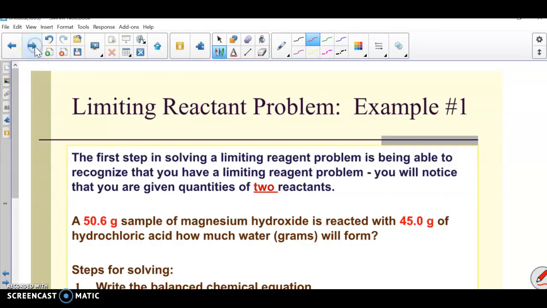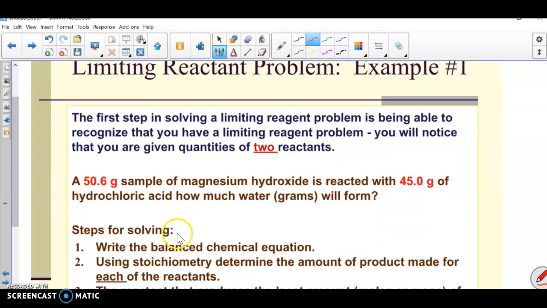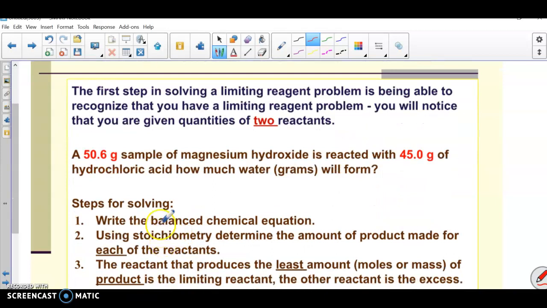Here's another example. I'm not going to go through that, but I want to go through the steps of solving a problem. So notice the first thing we need to do is recognize that we have a limiting reactant problem. You'll notice this, that you will be given two reactant quantities, and it could either be grams or moles. So notice in this one, I have 50.6 grams of magnesium hydroxide, and I have 45 grams of hydrochloric acid.